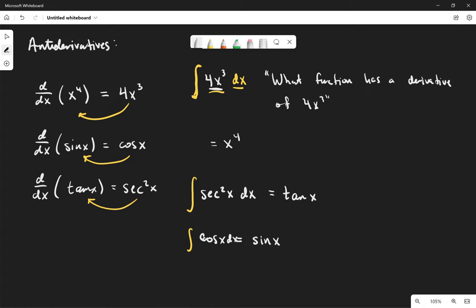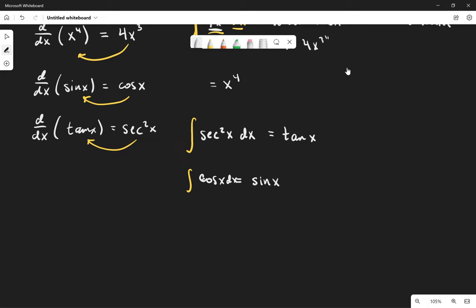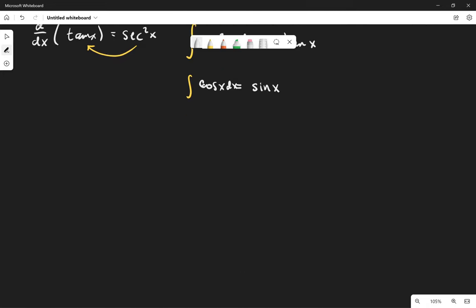So that's all it is. It's not too bad. So now we want to be able to build up rules just like we did for derivatives for these kinds of things. What about the power rule? So for derivatives, what was the power rule?